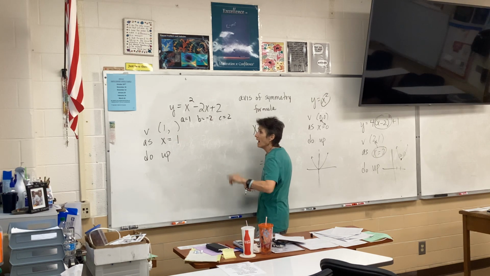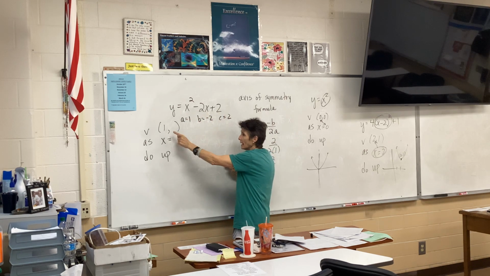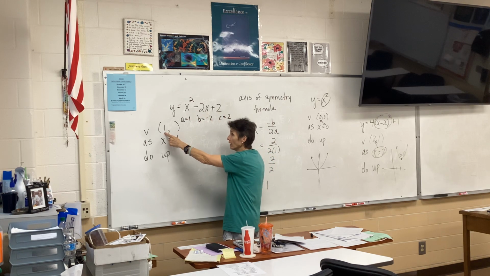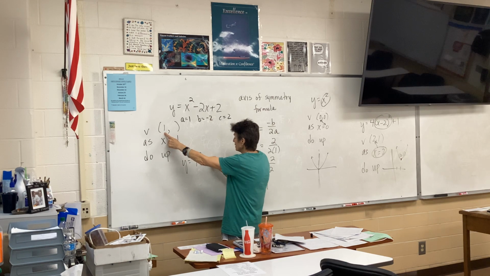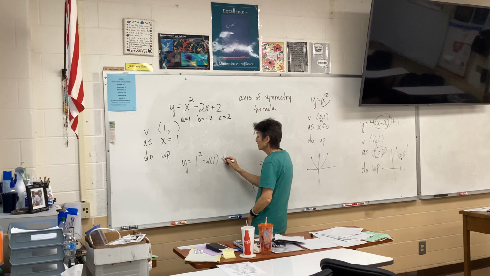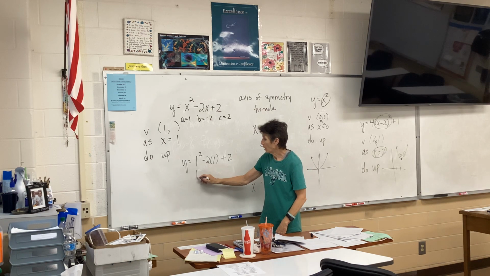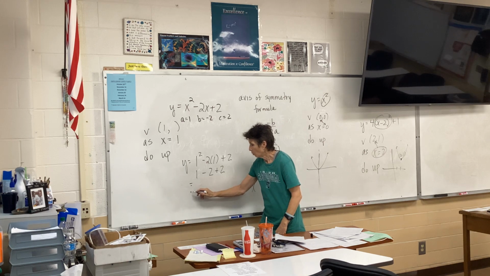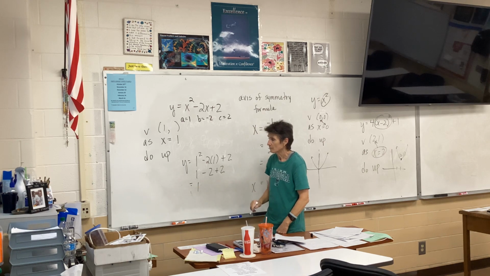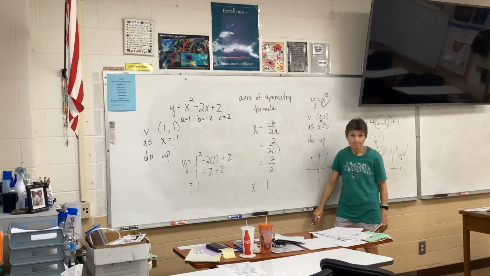So I'll find the y-coordinate by going back to the equation and plugging in 1, in this case. So y equals 1 squared minus 2 times 1 plus 2. 1 minus 2 plus 2, I think that just works out to be 1. So your vertex is (1, 1).